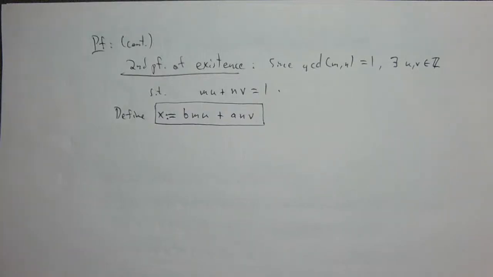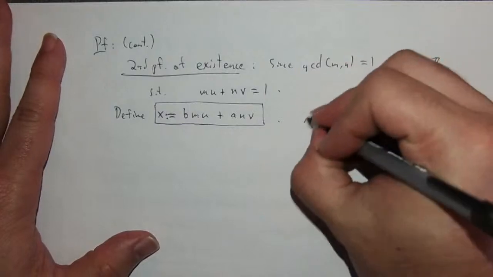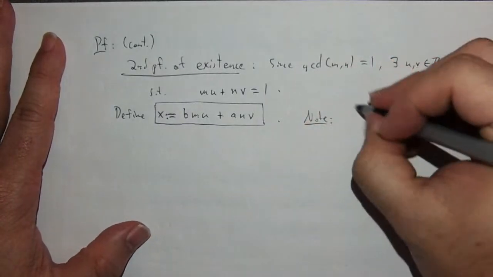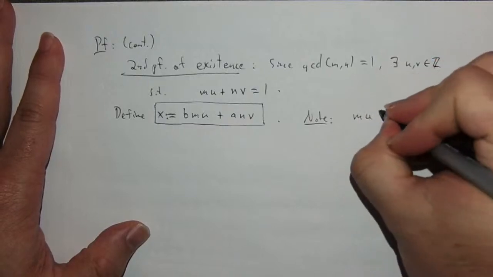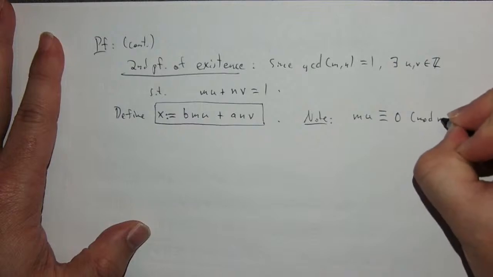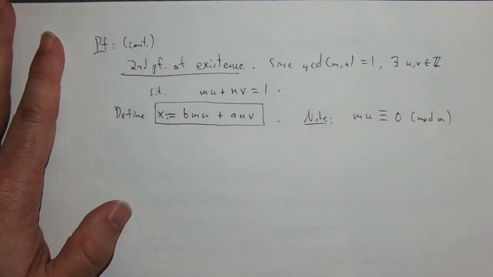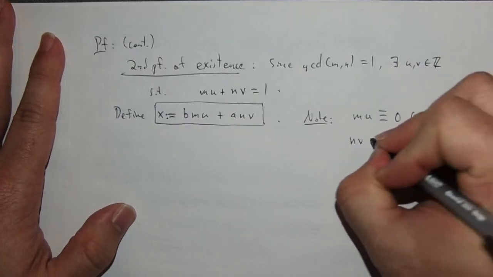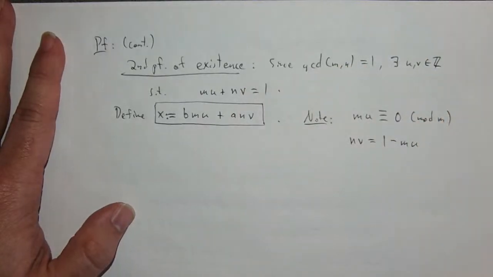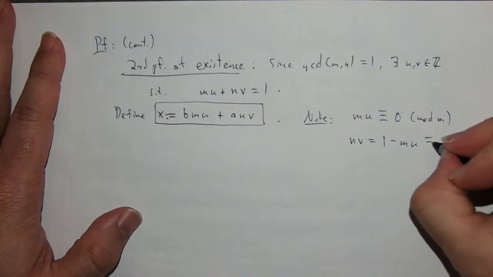Note a couple of facts. MU is congruent to 0 mod M, and NV, which is 1 minus MU, is congruent to 1 mod M.